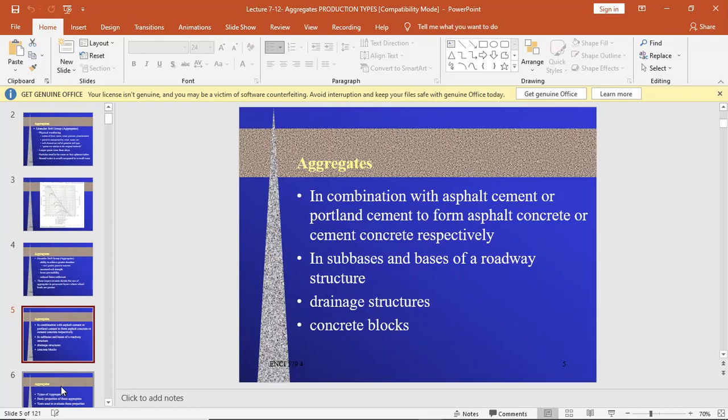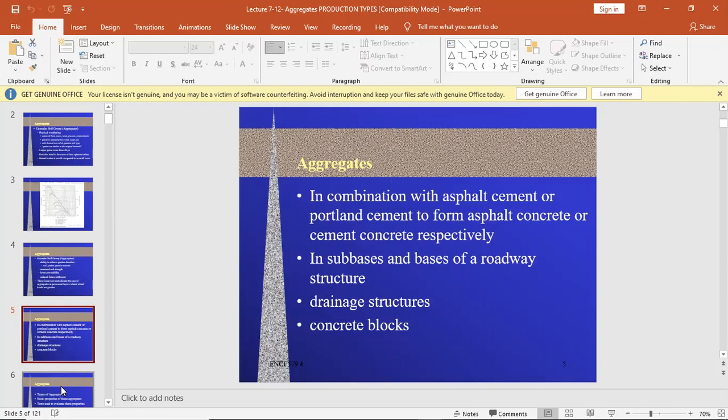We tend to forget that when we teach a highway materials course, we do not focus on the drainage structures. Actually, drainage structures are also part and parcel of highway materials. Even the bridges, highway engineers don't usually own them.